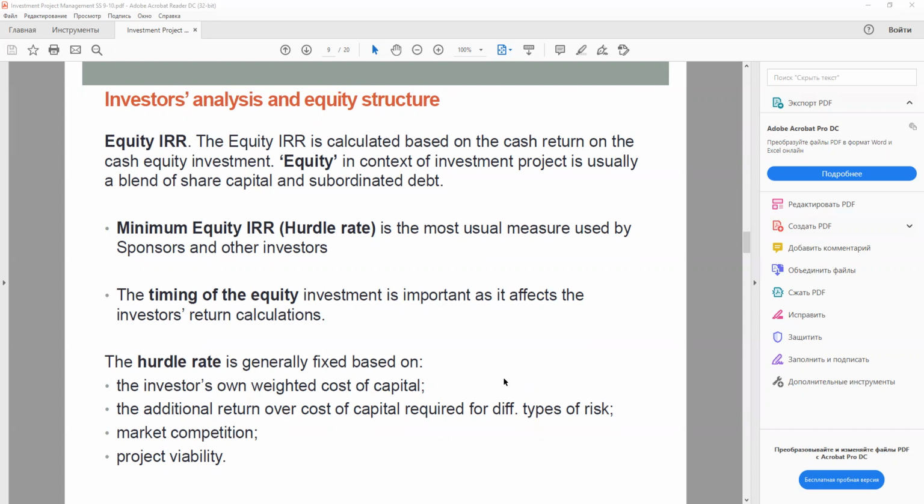Other factors are market competition, especially in cases where the prospective sponsors are bidding for a project in a public procurement, and project viability. Even if the project is not subject to a competitive bid, the product or service provided should itself be competitive, which would not be the case if our equity IRR is too high.